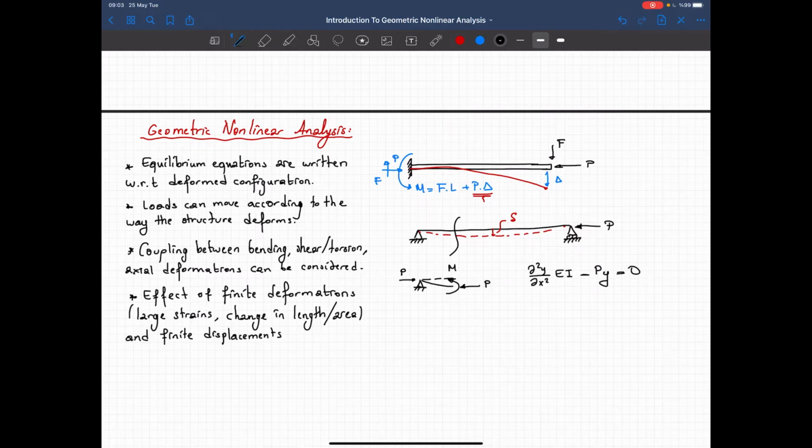When we say finite displacements, we also mean that we consider rigid body translations and rotations in our formulations.